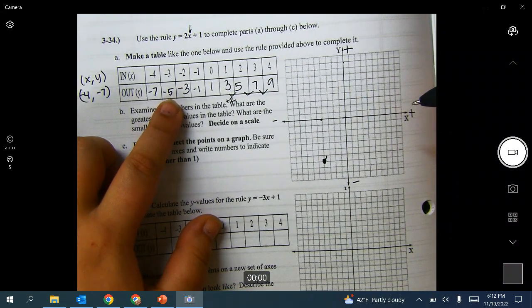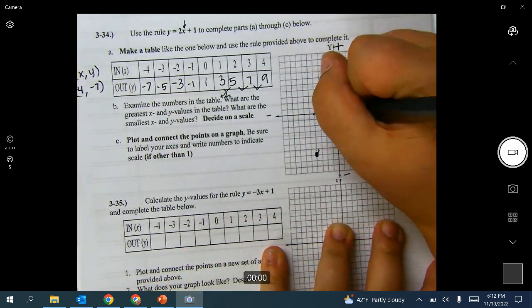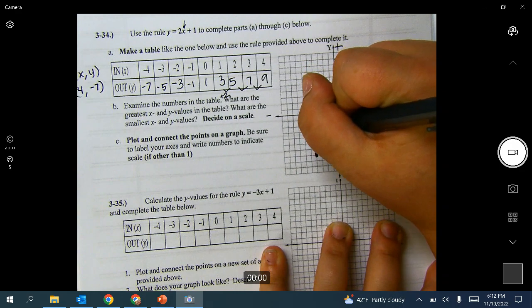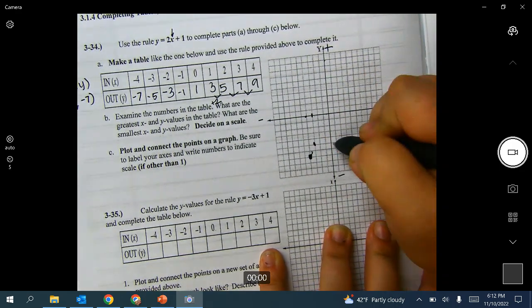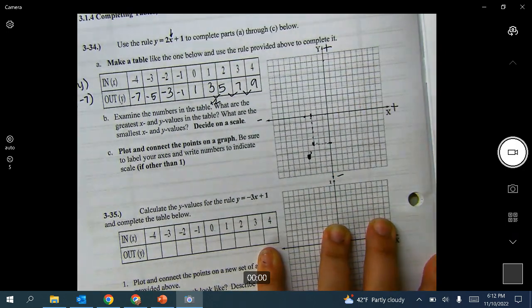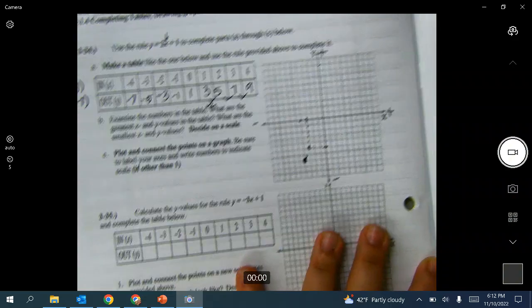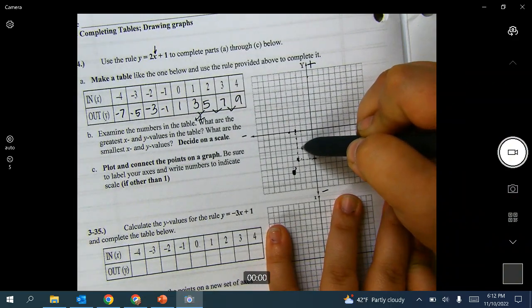All right, my next point is negative 3, negative 5. So I'm going to go to negative 3 and then down to negative 5. Where those two line up is where I put that point. Next, I have negative 2 on my x and negative 3 on my y.